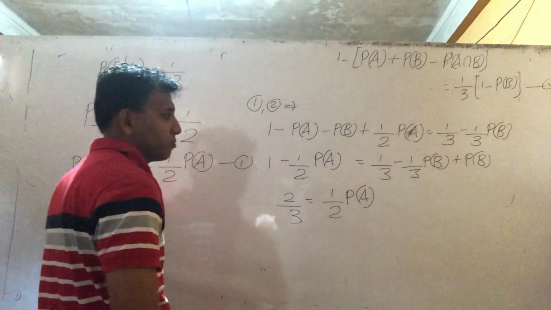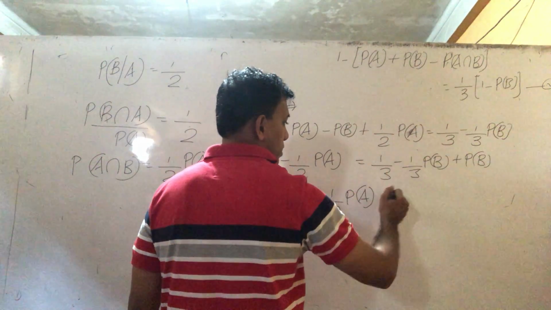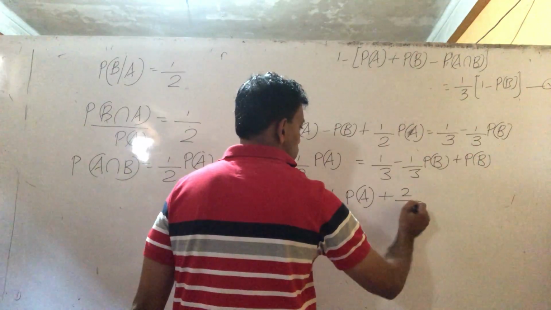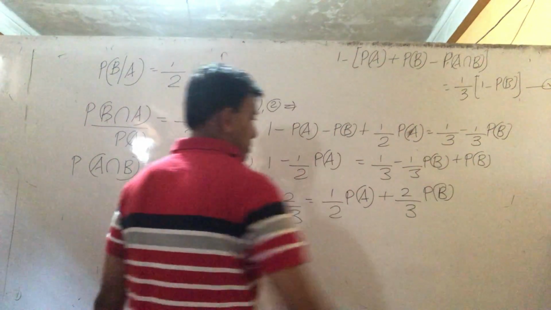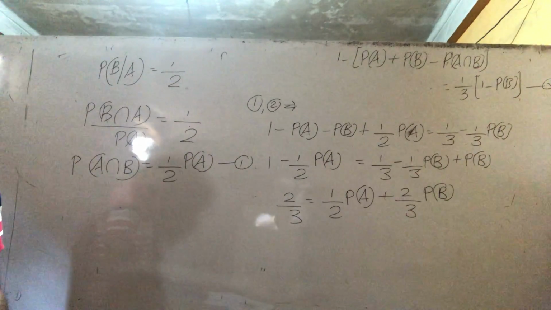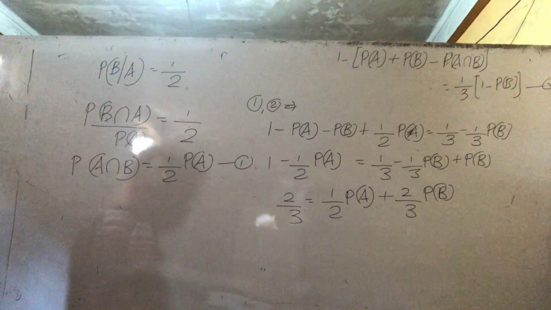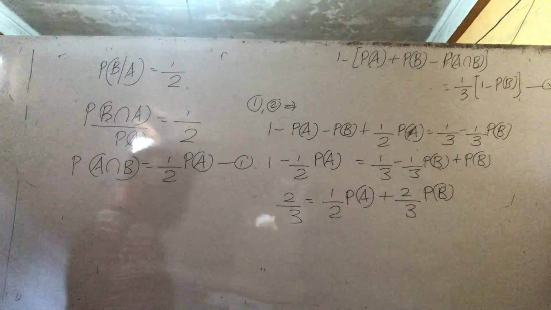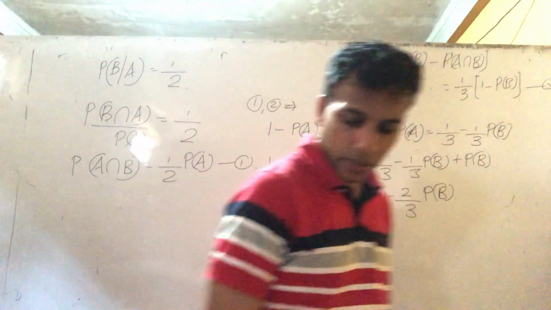Here the B part, plus 2/3 B. Is it okay? 3 over 2 PA, to get the answer.